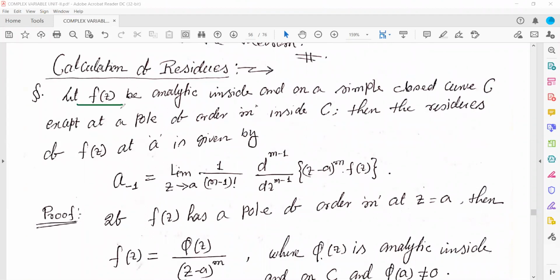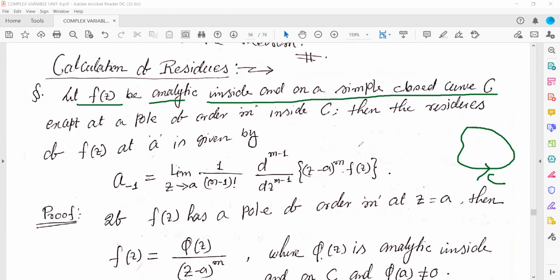Suppose f(z) is a function. That function is analytic inside and on the boundary of the simple closed curve C. Say this is a simple closed curve C. So it says that the function f(z) is analytic at all points inside and on the boundary, except at a pole of order m. Suppose this is a singularity point, so at this point the function is not analytic.